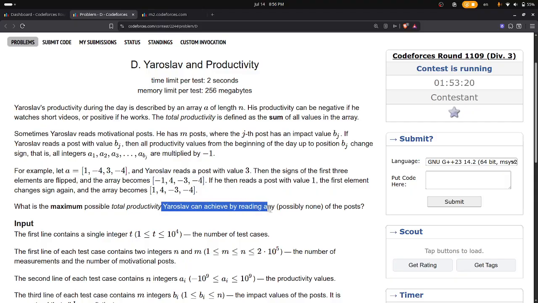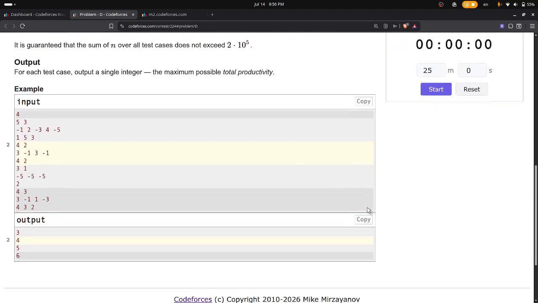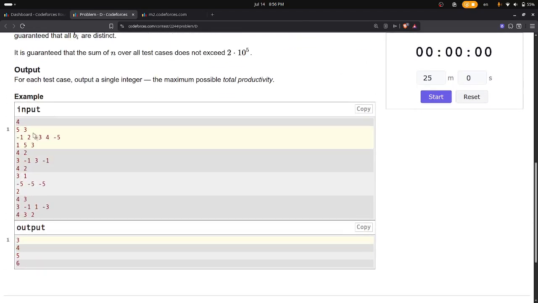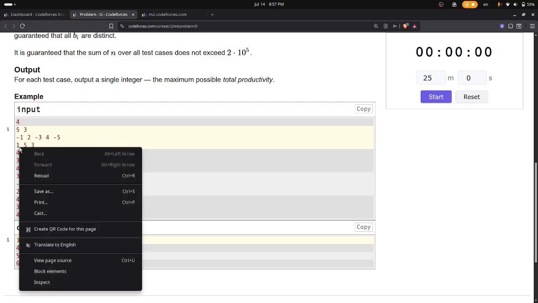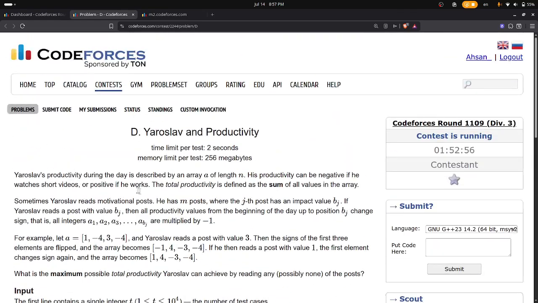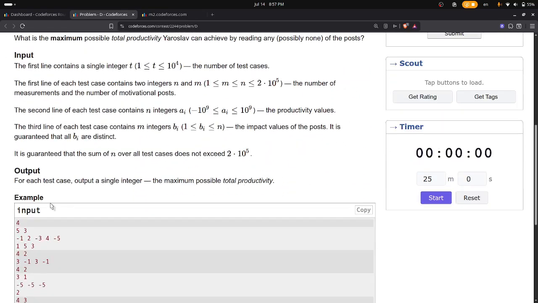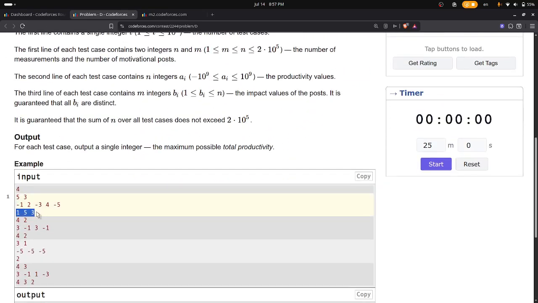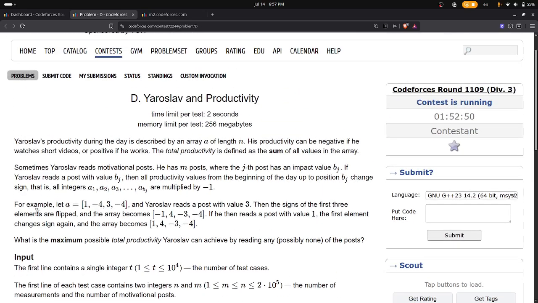So can achieve by reading any of the posts. In the first instance, they're saying that the answer is 3. Like, I have this one confusion. Can he just read this in any possible ways?